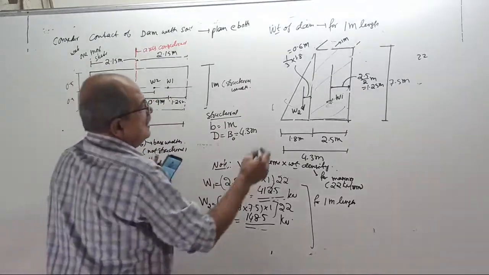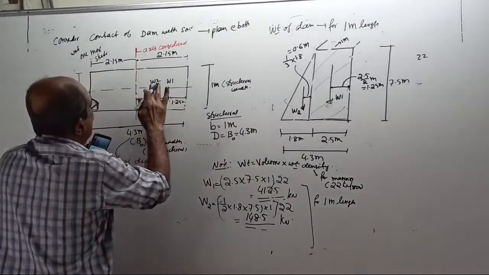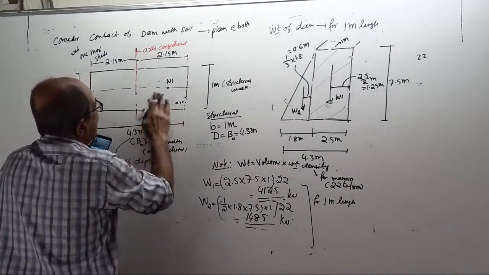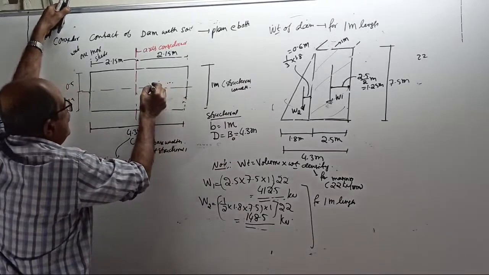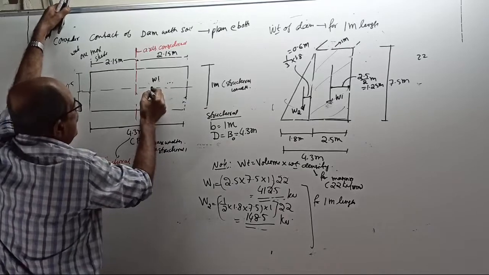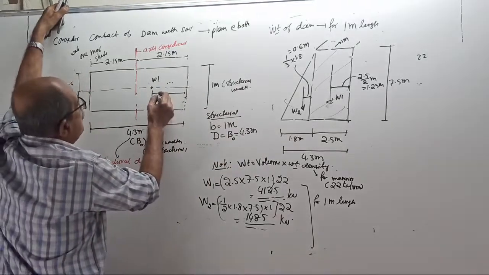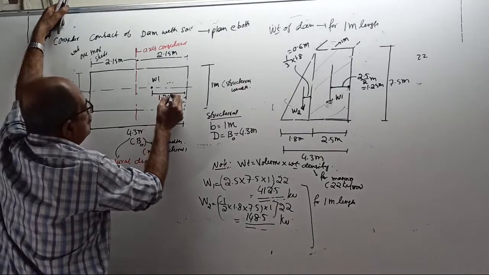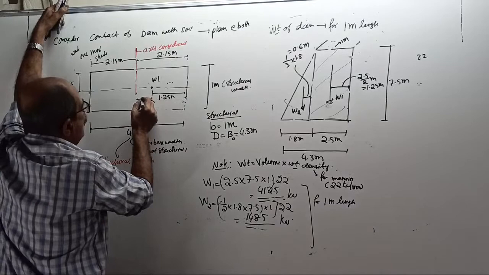Okay. Now, where is W2 acting? One minute, before that we do one thing. W1 I'll put here now. You draw one more sketch. W1 is acting at 1.25 meter from there, so this is 0.9 meter calculated.